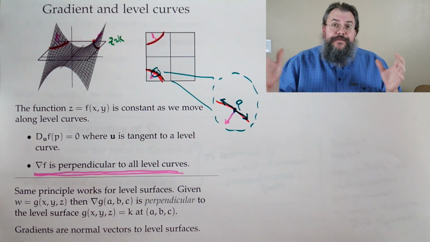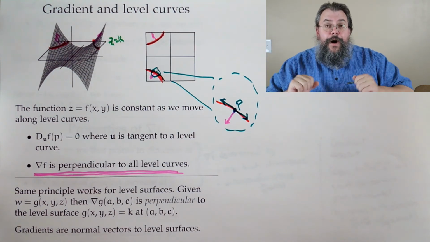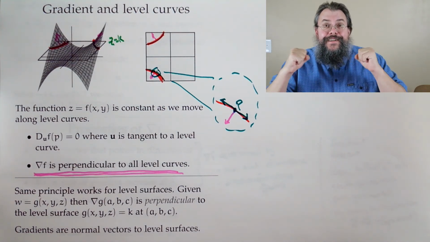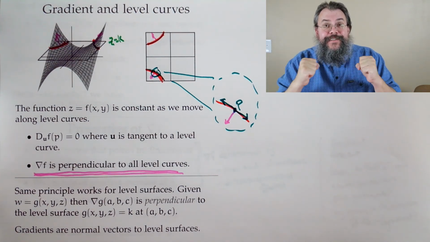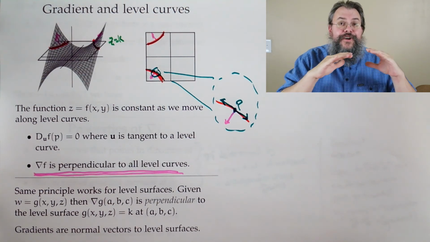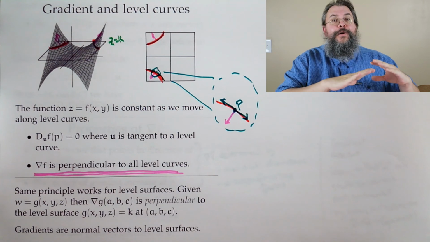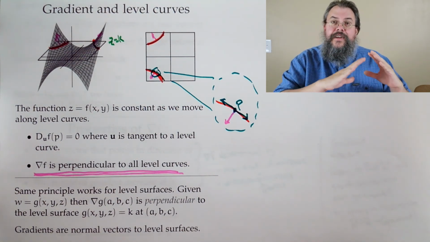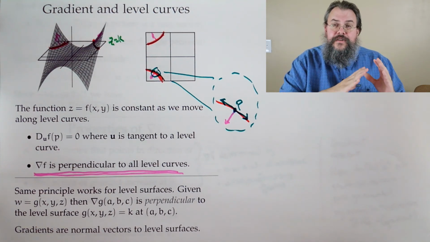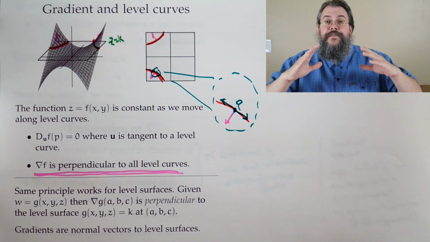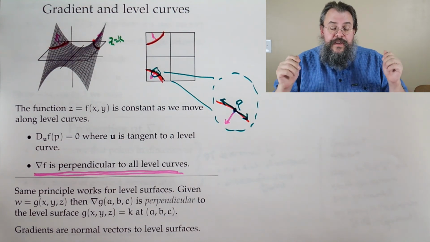Now you might say, okay, well that's a fun fact, but why were you so excited? And here's where we get like, ooh, this is good. We can talk about not just level curves, we can also do level surfaces. In other words, ideas translate not just to functions of single variables or two variables, but functions of any number of variables.